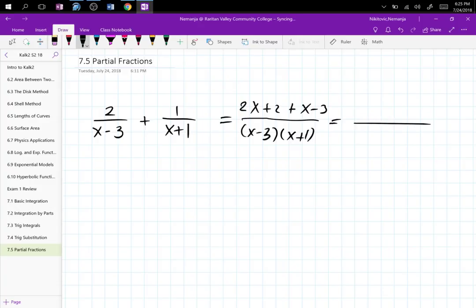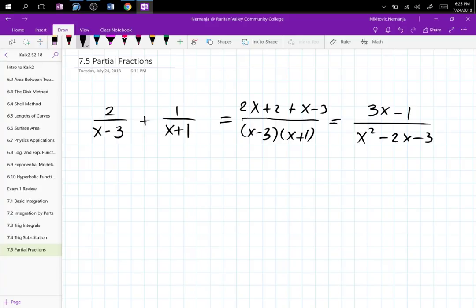So the total for this would be 3x minus 1 divided by x squared minus 2x minus 3. So that would be the answer. This is something that you do in algebra, right? You have two rational expressions and you add them by figuring out the common denominator and then working on the numerator to simplify as much as you can. And that's the end of the story.